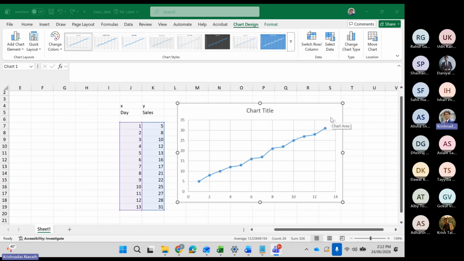Sorry. No, the first data, basically. In the data. Yes. 32.9.